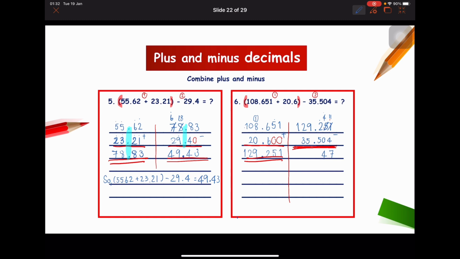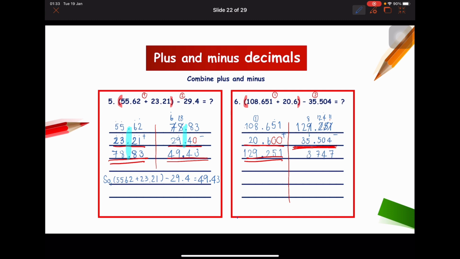This one number 2 and number 5. Can 2 minus 5? No. Change 2 to be 12. And this one will be number 8. 12 minus 5 equal to 7, of course. Okay, next. 8 minus 5 equal to 3.